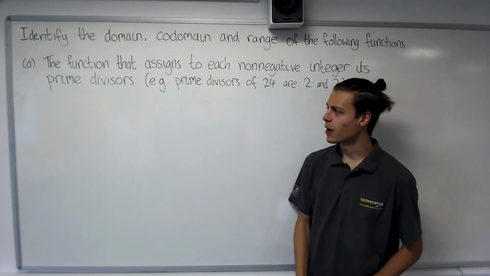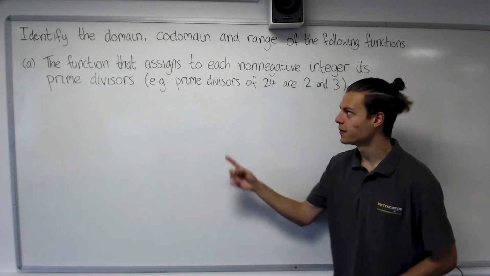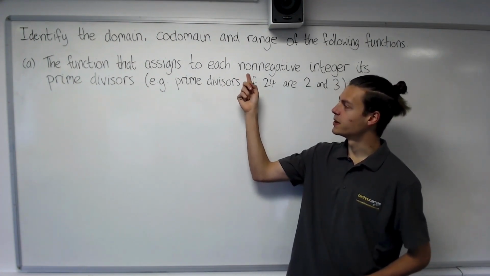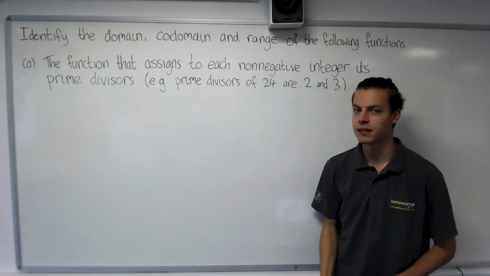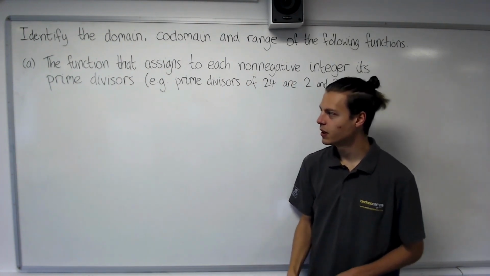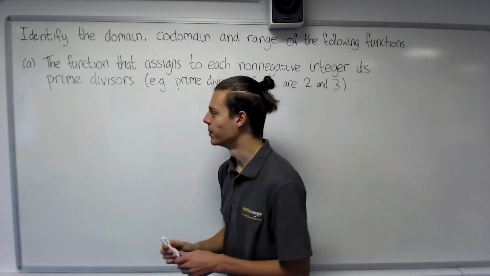So the domain is pretty much given to us straight away, right? This function assigns values to non-negative integers. So the domain is the set of non-negative integers, or otherwise called the natural numbers.